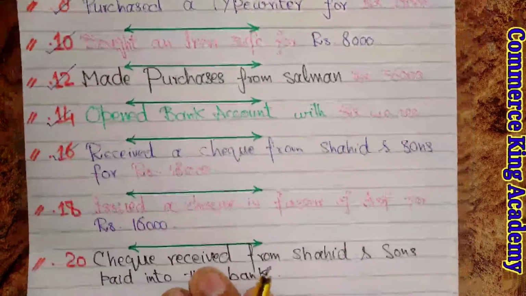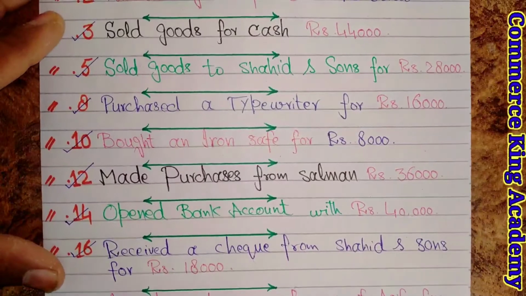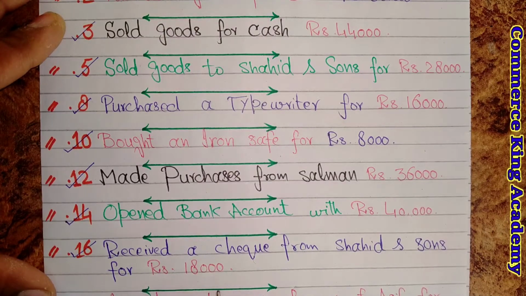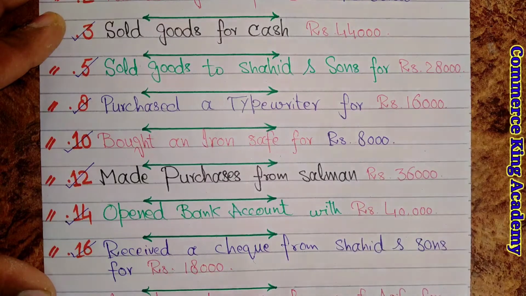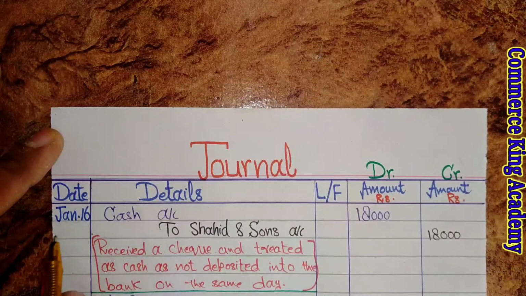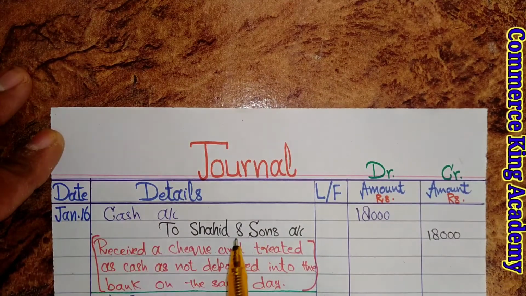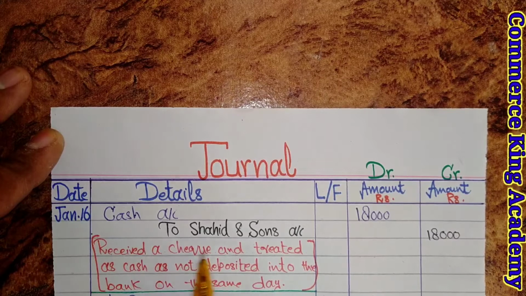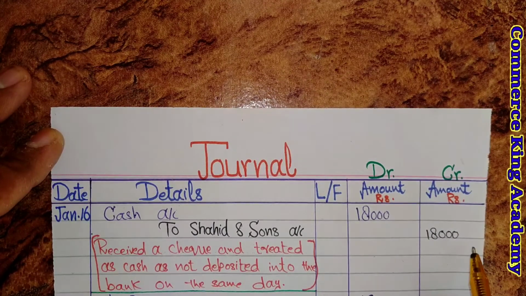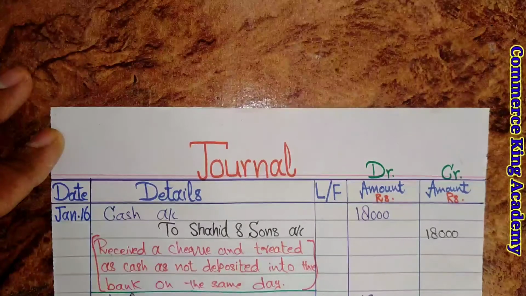Okay, so on the next date, right here, we received a check from Shahid and Sons amounting to 18,000 rupees. Do you understand this statement or account of Shahid and Sons? So the journal entry will be Jan 16, cash account debit, because cash was received, to Shahid and Sons account, 18,000 rupees debit and 18,000 rupees credit. You must understand the concept.